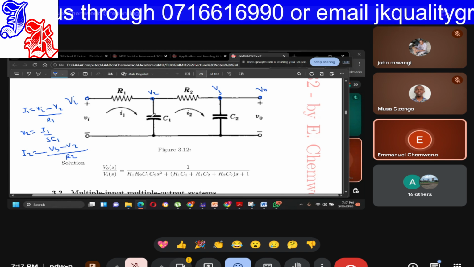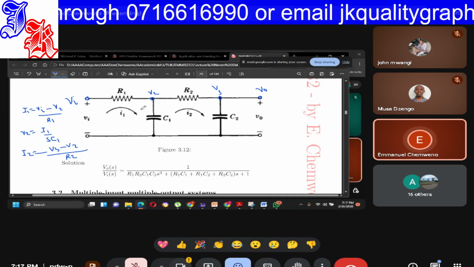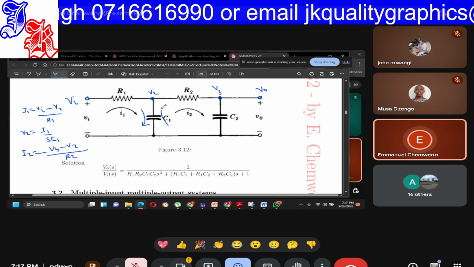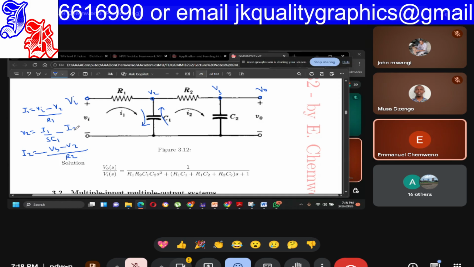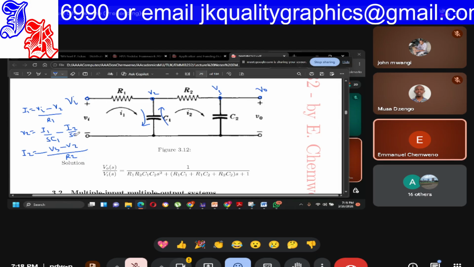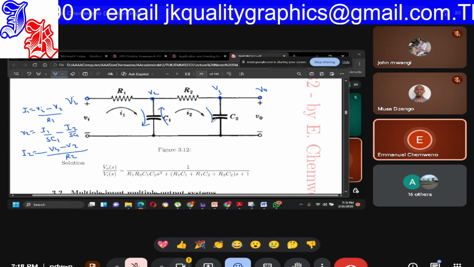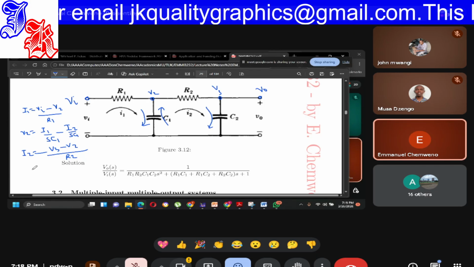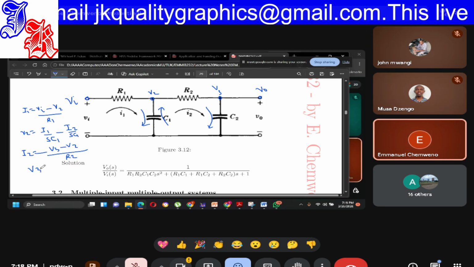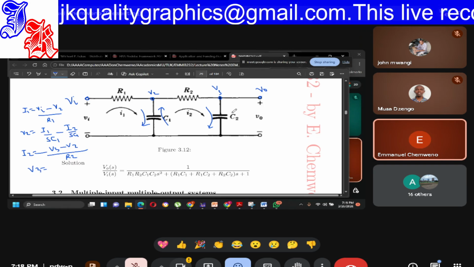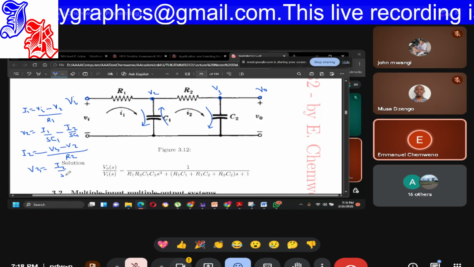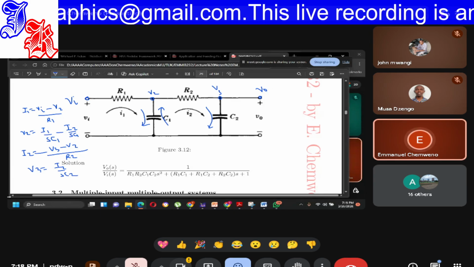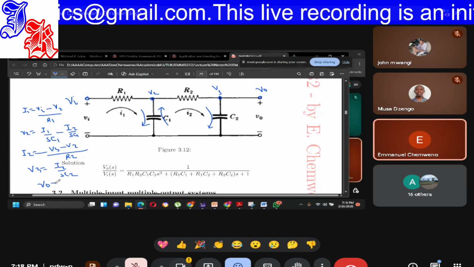The current going through here is I1 minus I2. So this I1 minus I2 over SC1. But the current through here is only I2. V3 is equal to I2 over SC2. And V0 is equal to V3.